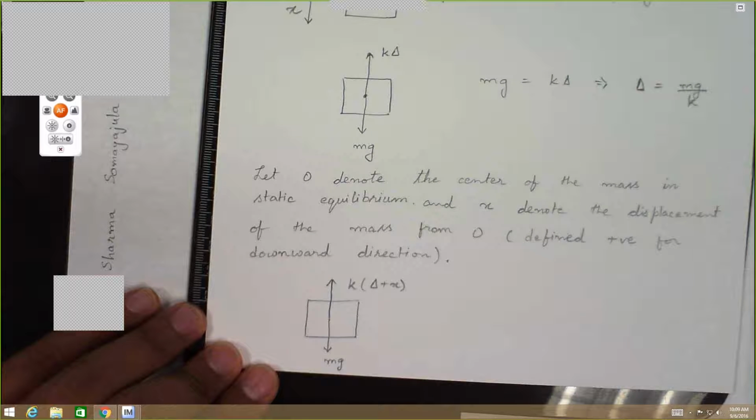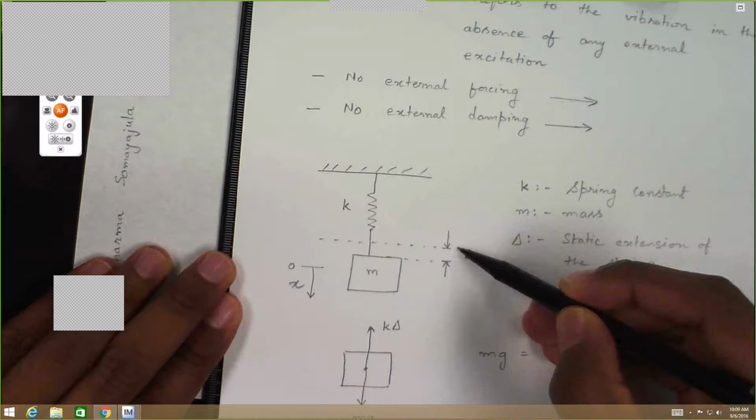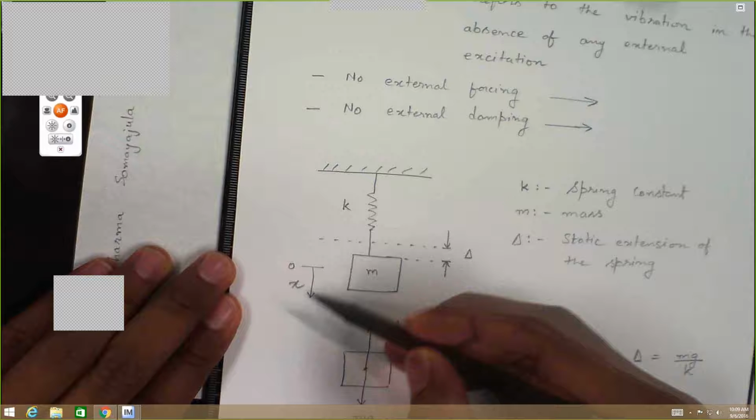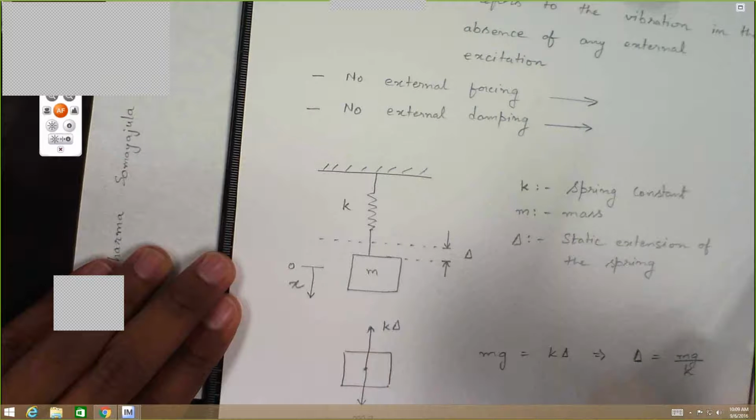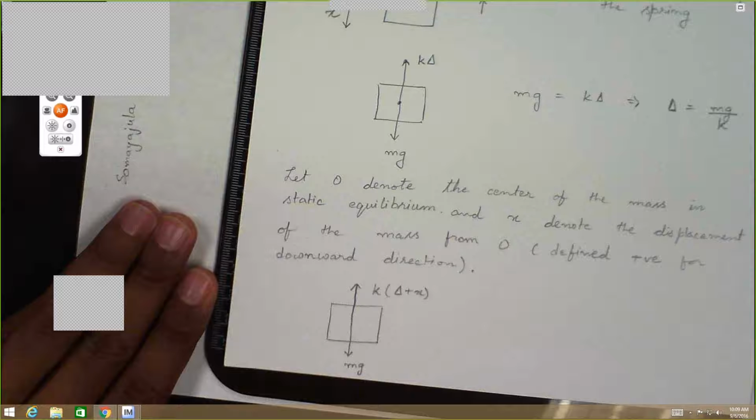So why is it delta plus x? It already had a static extension, delta. And then in addition, we are adding an additional displacement x. So the total spring force is going to be k times delta plus x.